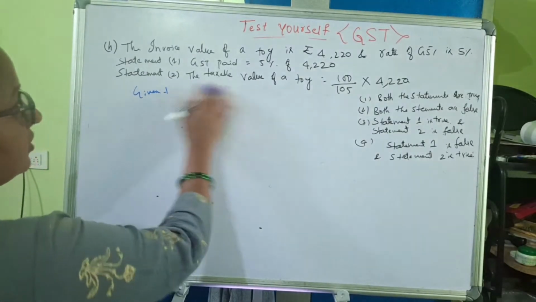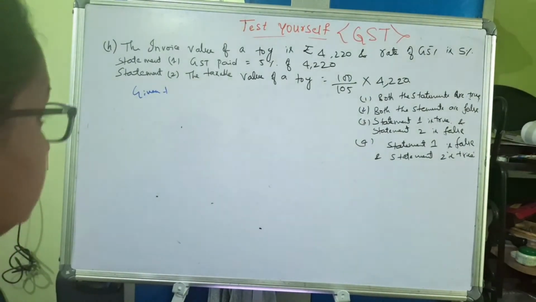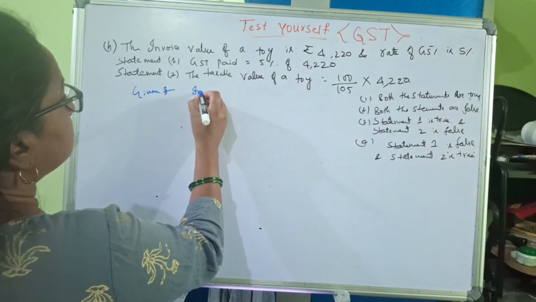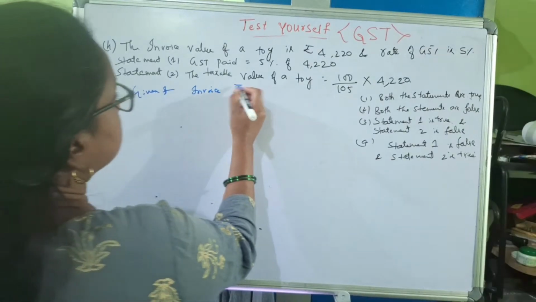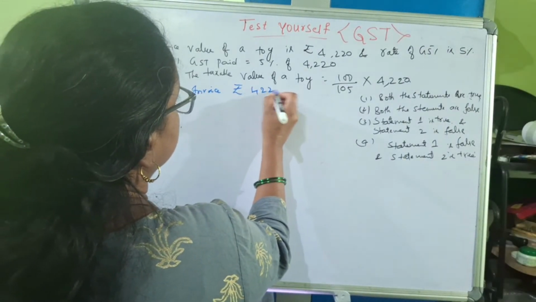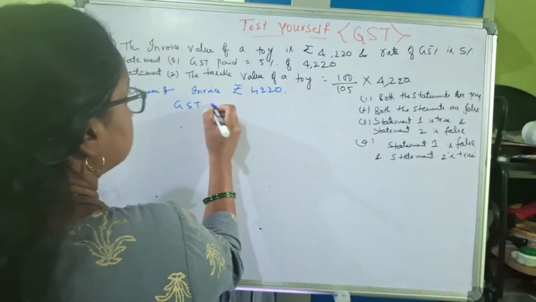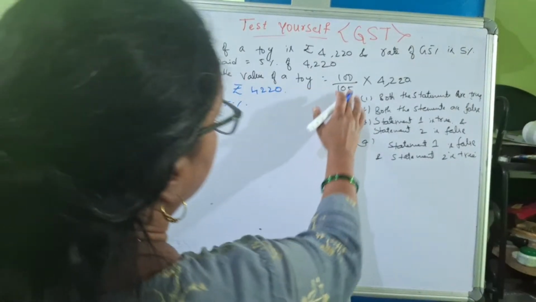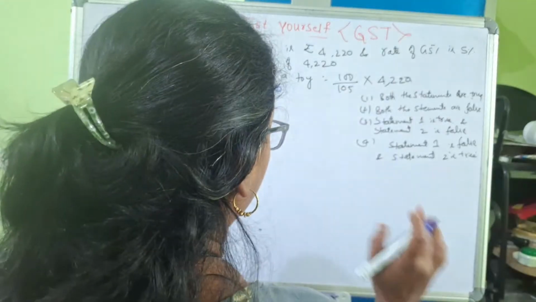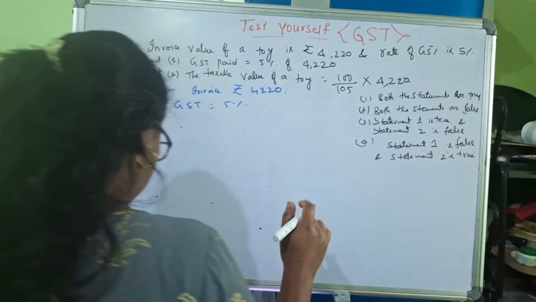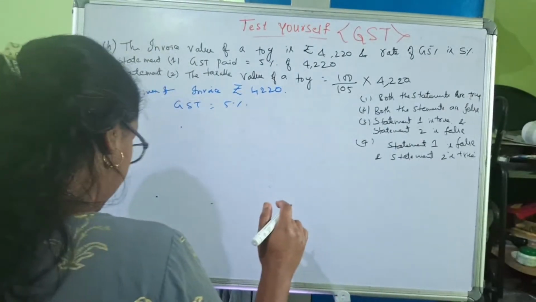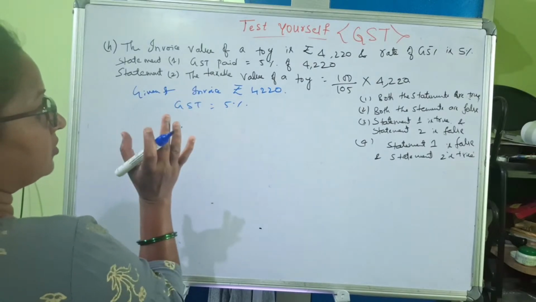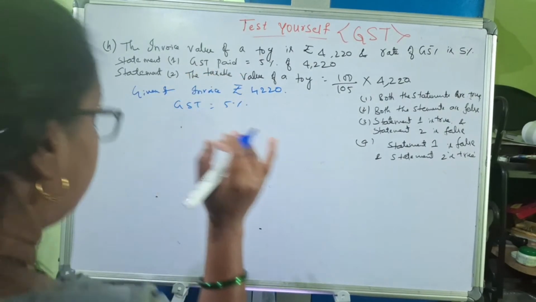Now we have to check statement 2. Given that the invoice value is rupees 4,220 and GST is equal to 5%, the taxable value of a toy is 100 divided by 105 into 4,220. We have to prove that. Here they have not given the cost price of the toy.